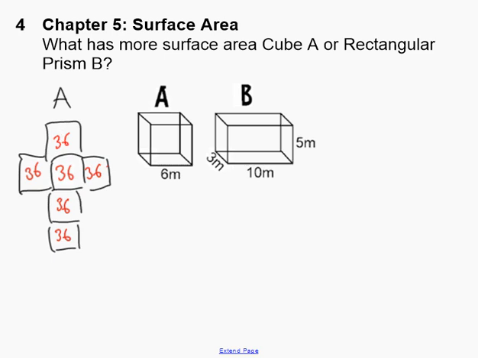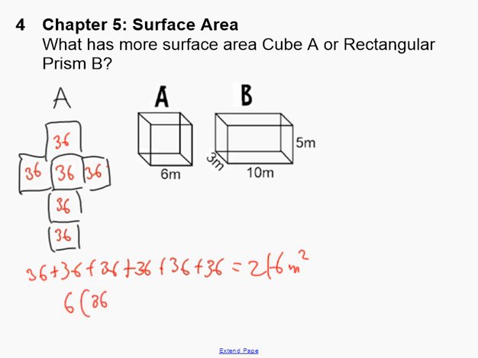So 36, if I add them together or multiply, I can get an answer of 216 meters squared, or instead of repeated addition, we learned that you can do 6 multiplied by 36, because repeated addition is multiplication. And either way, we get 216 meters squared.